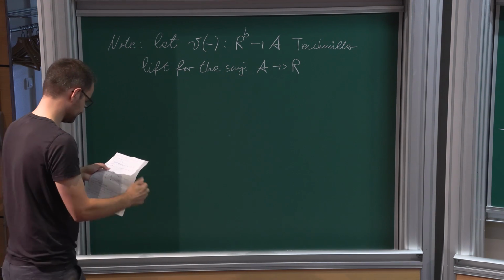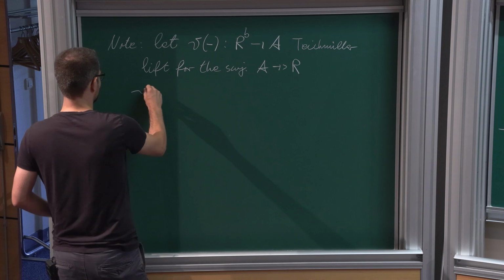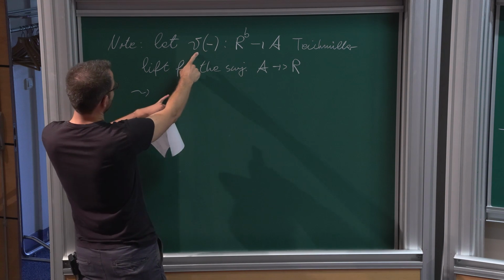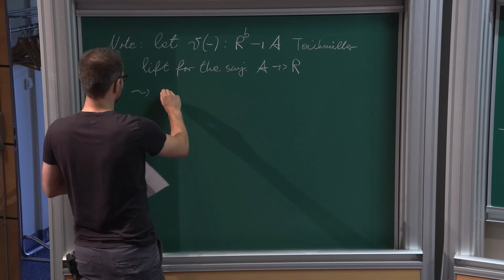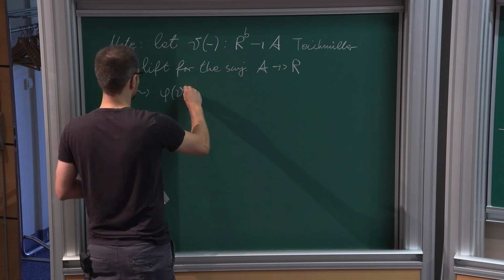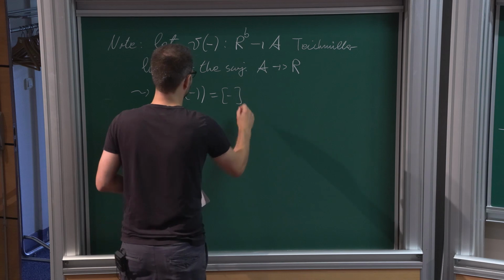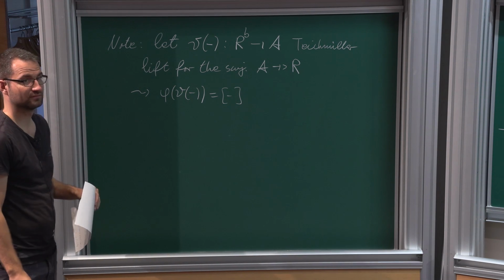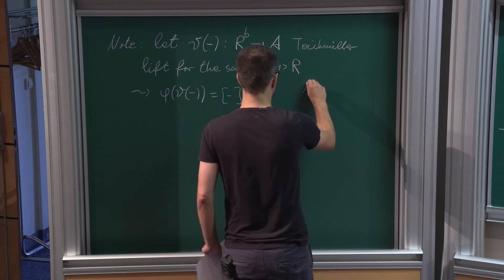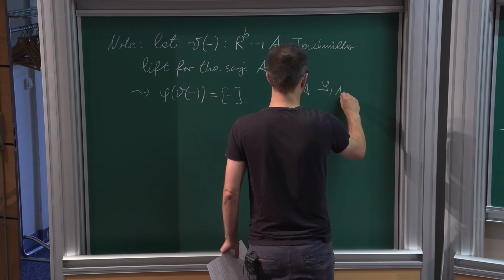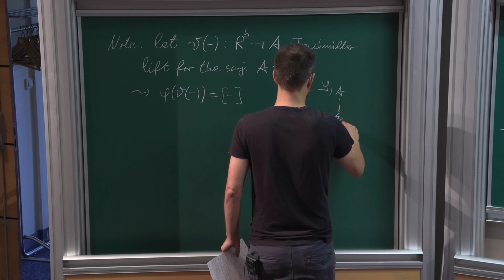And so the difference between this Teichmüller lift and the one from before is just a Frobenius. So Frobenius for this Teichmüller lift is equal to the Teichmüller lift from before, just from the definition, because one has a commutative diagram like this.